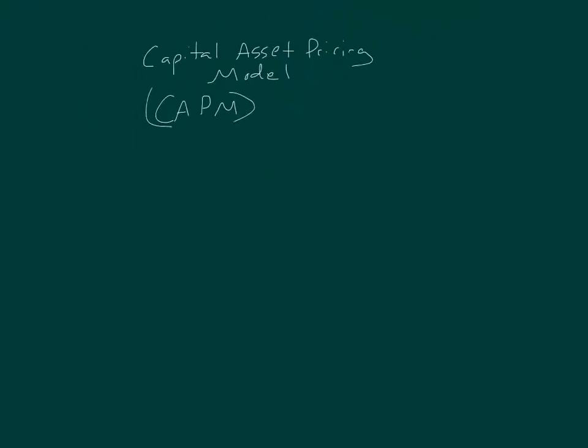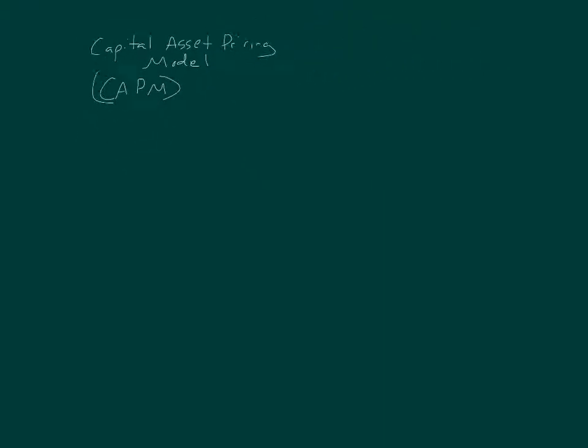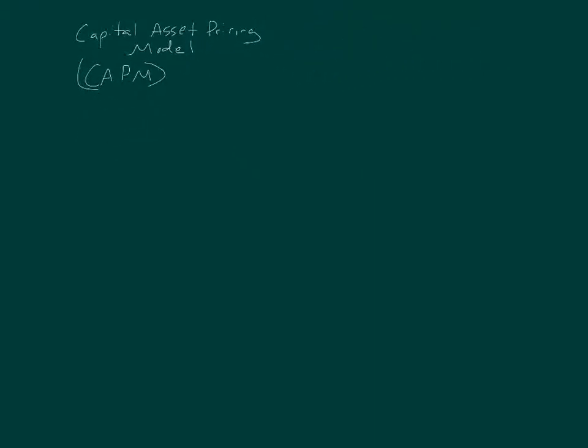So let's put our title off to the side here. What the capital asset pricing model allows us to do is to solve for the required rate of return, or the appropriate rate of return for an investment project given its degree of risk as measured by beta.